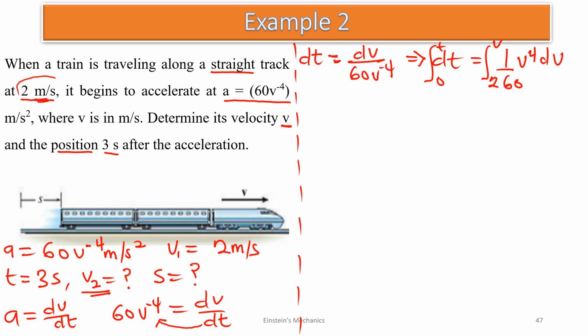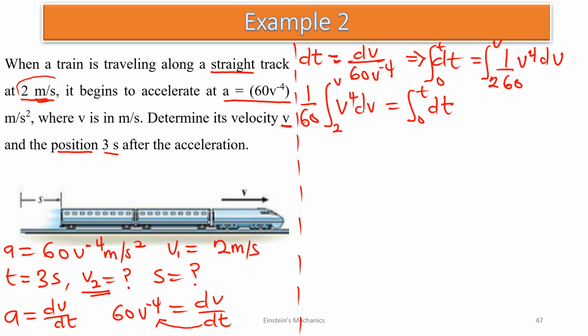Okay, so meaning this is what I'm going to get. I'm going to factorize the 1 on 60 out such that I'll have 1 on 60 integral of v^4 dv equal to the integral of dt up to the t. This is what I have. Are we good? So this is also from the initial velocity 2 to v. Now this is simple integration that we can do.